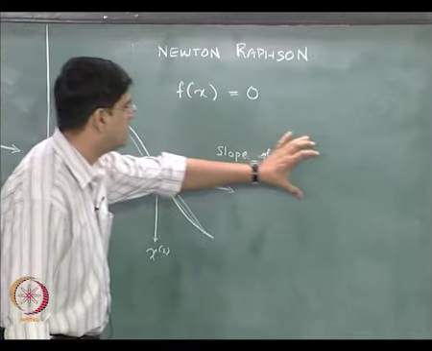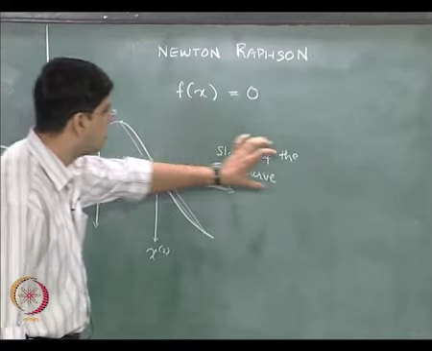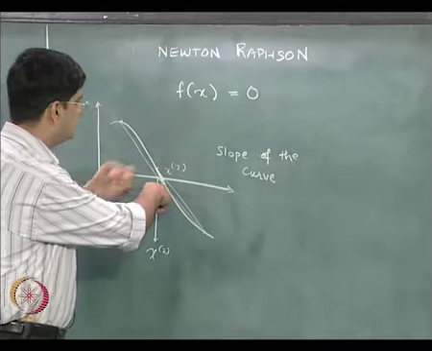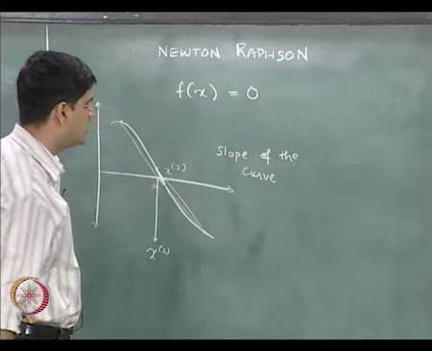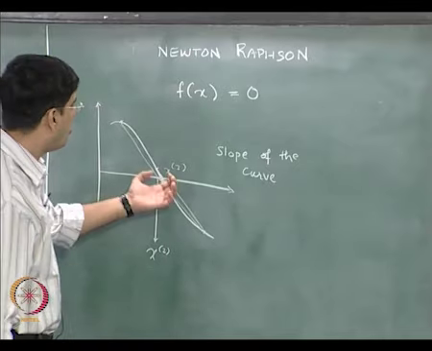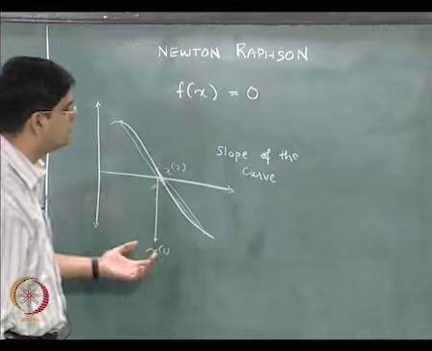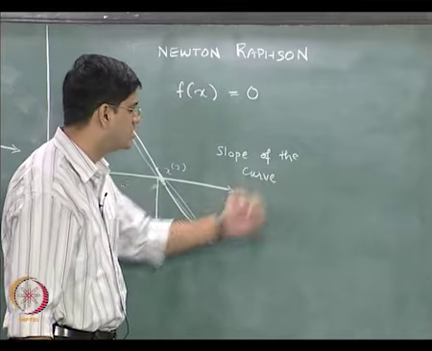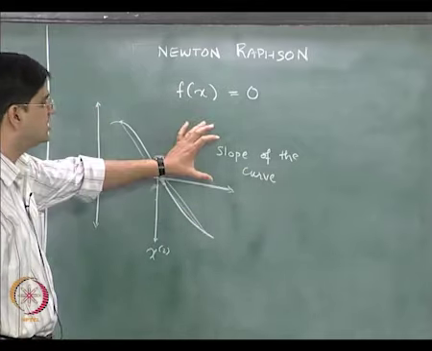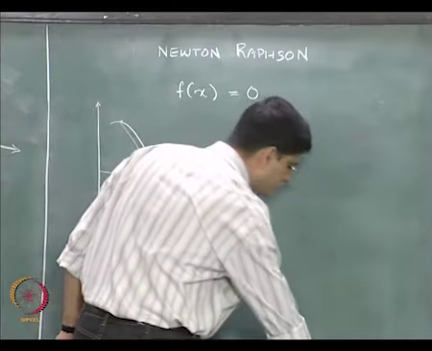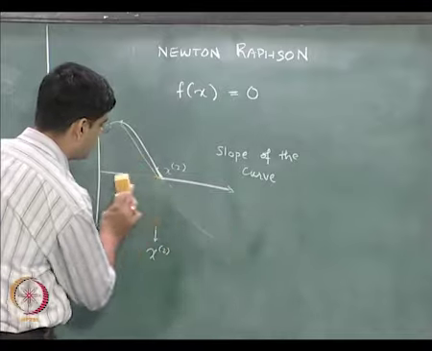So the question that we ask ourselves is, instead of calculating the slope of the curve by using the previous solution x2 and the current solution x3, what else can we do to get the slope of that curve? The straightforward answer is nothing but its first differential with respect to x. So that is what we do essentially in the Newton-Raphson's method.